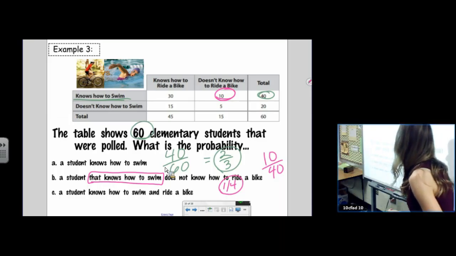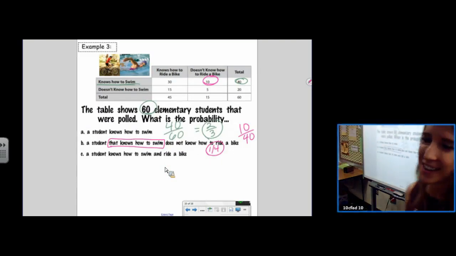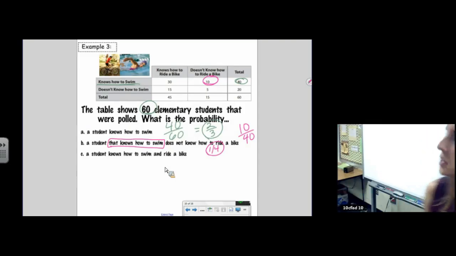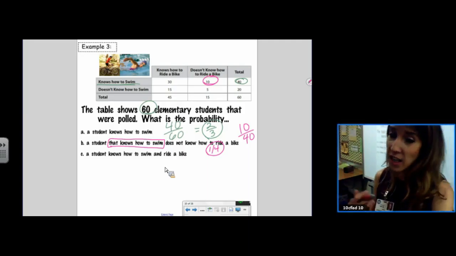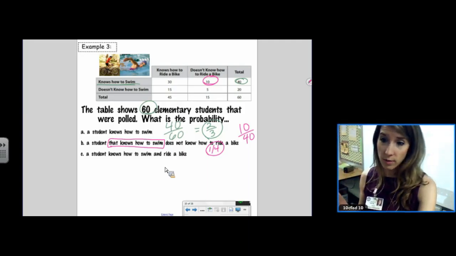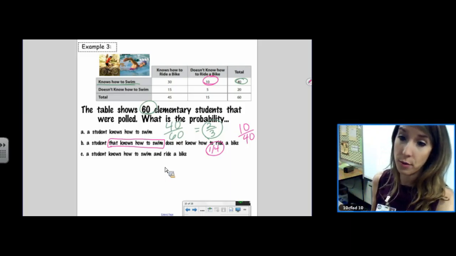Okay, last one. A student knows how to swim and knows how to ride a bike. What's the probability? That sounds like intersection from our first day, right? So it's not union. It's not knows how to swim or ride a bike. They have to be able to do both.